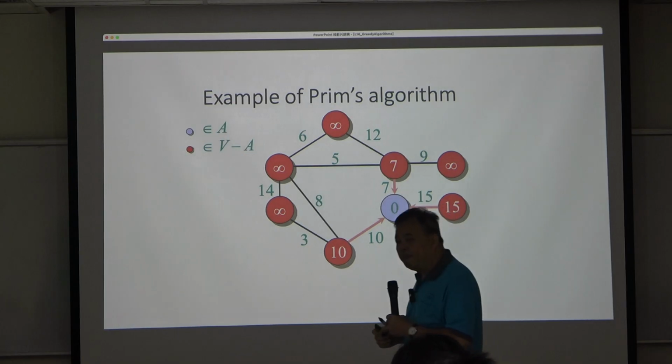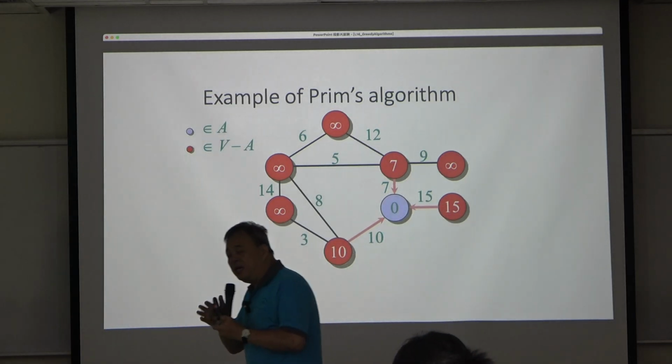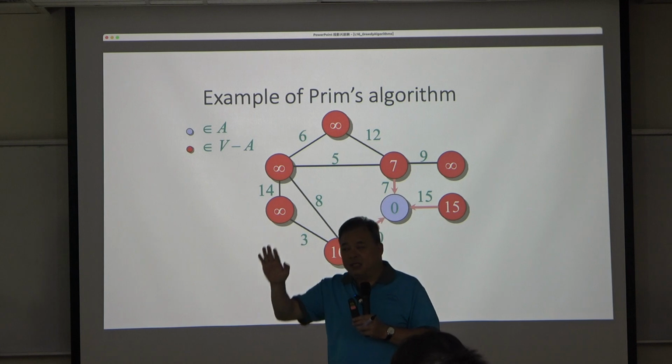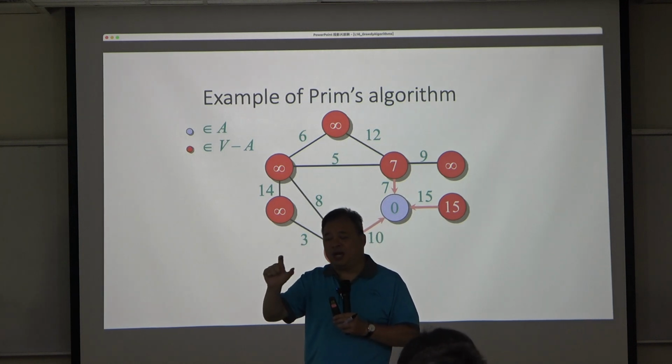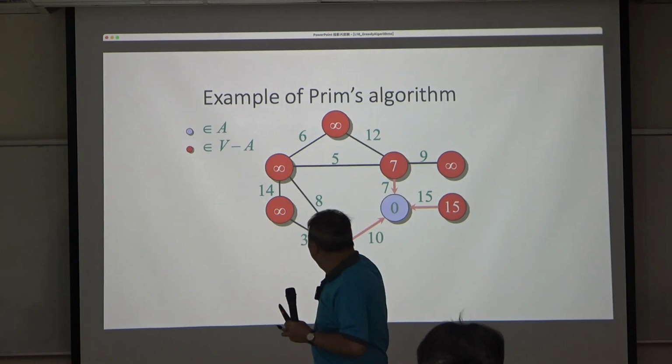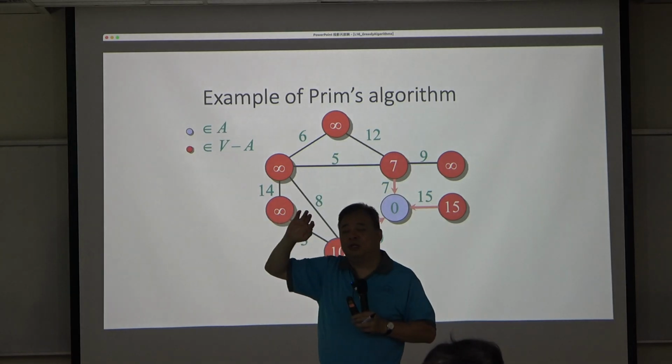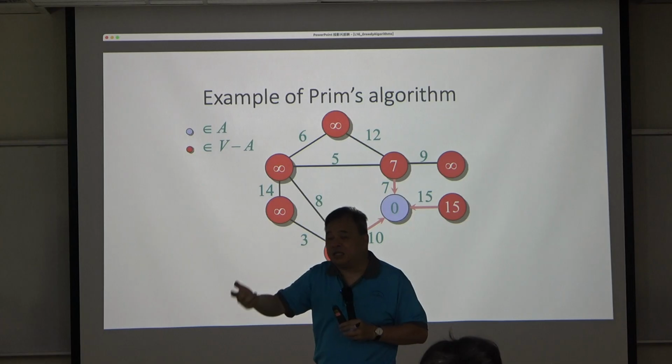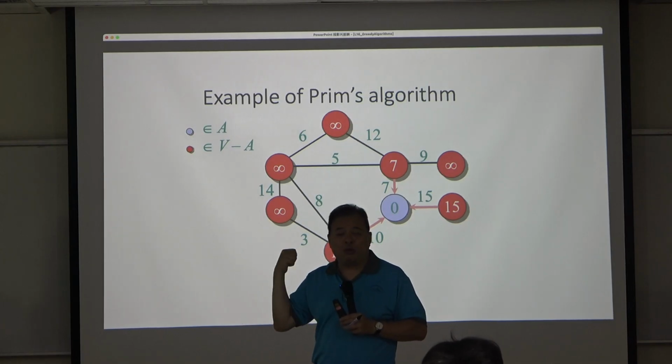Remember, we put all these red nodes into the priority queue based on their key. So which one will be selected next?